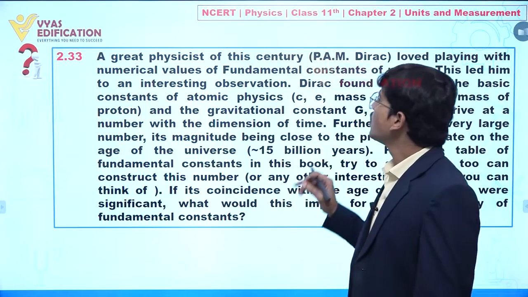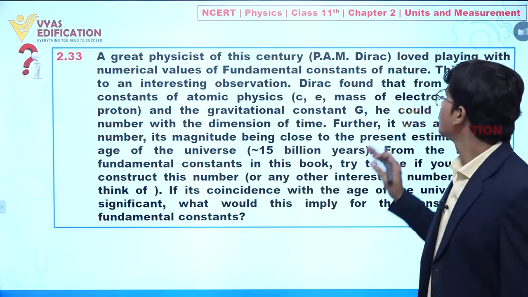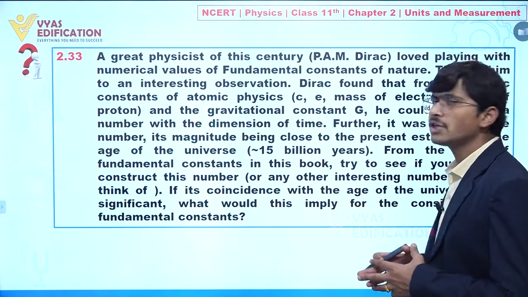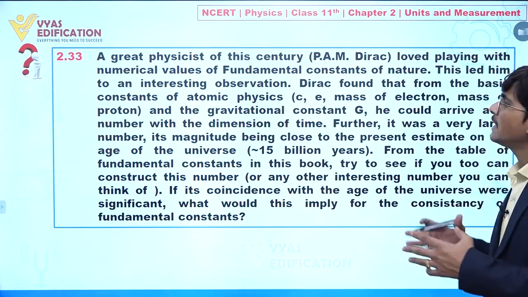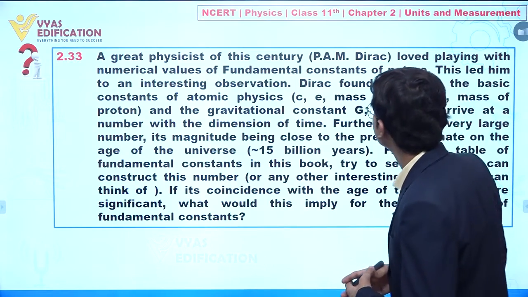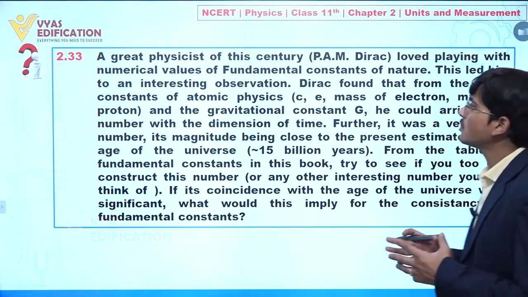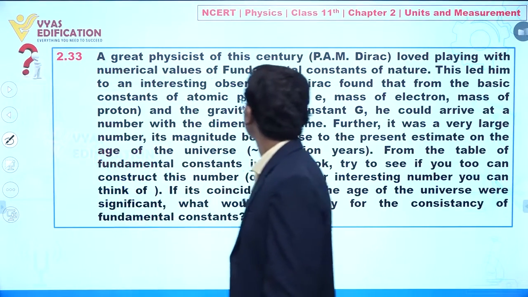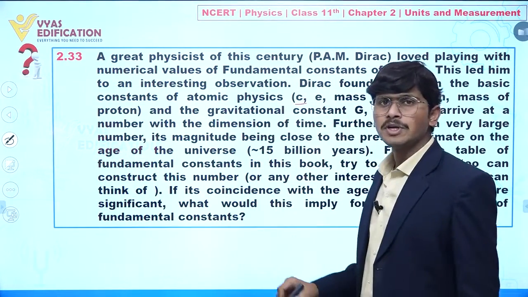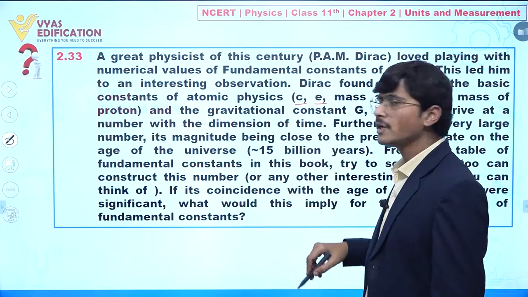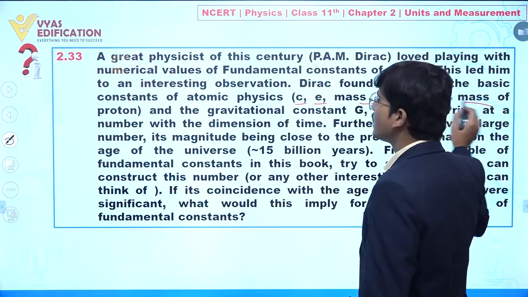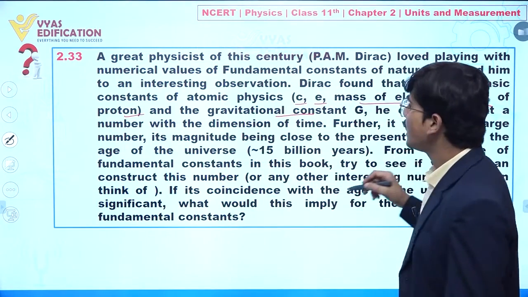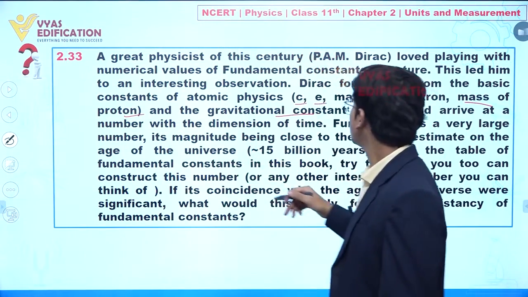A great physicist of this century, Dirac, loved playing with numerical values of fundamental constants of nature. This led him to an interesting observation. Dirac found from the basic constants of atomic physics, C means speed of light, E means charge of an electron, mass of proton, gravitational constant capital G, he could arrive at a number with the dimension of time.